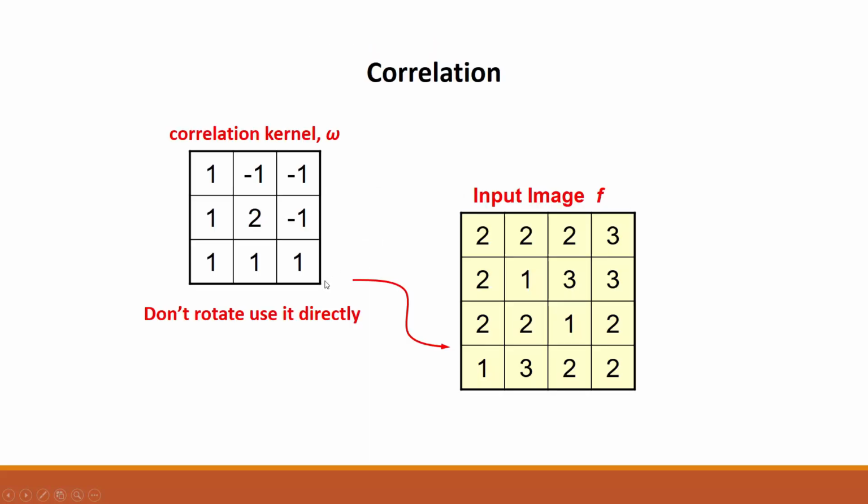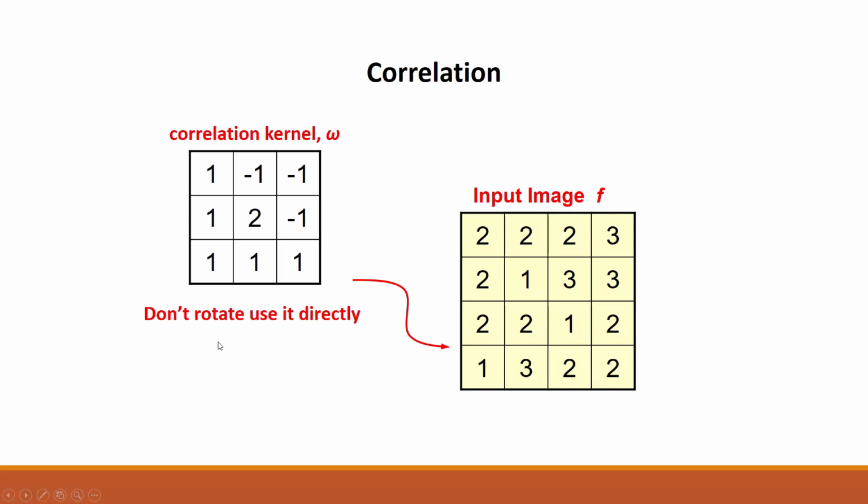Now we are going to perform a correlation. In this we are going to choose a filter and there is an input image. So we are going to correlate this kernel with the input image. Since we are performing a correlation, we do not have to rotate it.